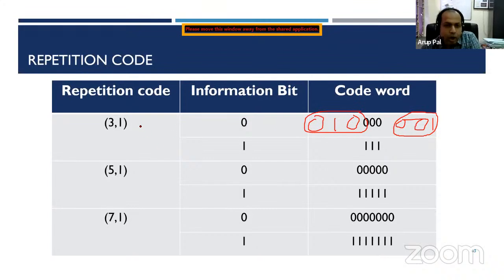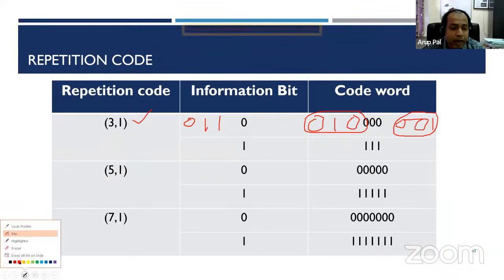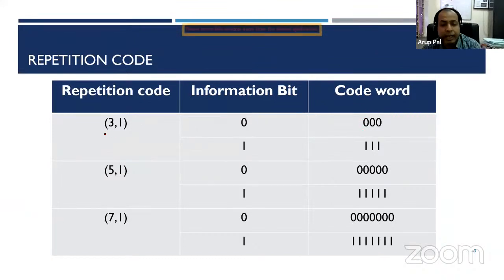Whenever you talk about the 3, 1 code, if the received content is 0 1 1, according to majority voting, you will get the wrong message, because the actual message was 0 0 0, but 2 bits were modified, so you are getting the wrong outcome. So this is called the (n, k) = (3, 1) repetition code.